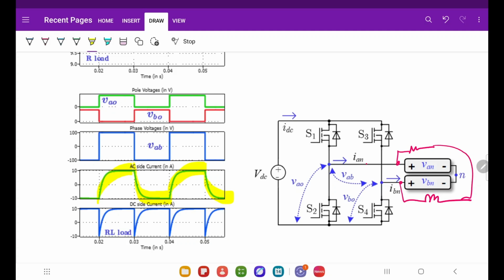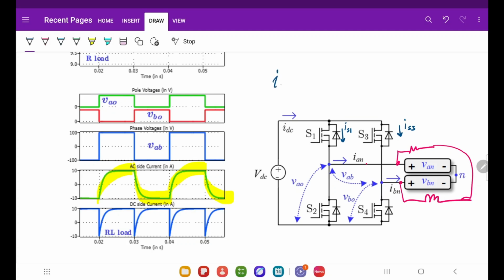The source current will be like this. If you need to find the source current, you have to apply KCL here. The current through switch S1 is IS1 and the current through switch S3 is IS3.